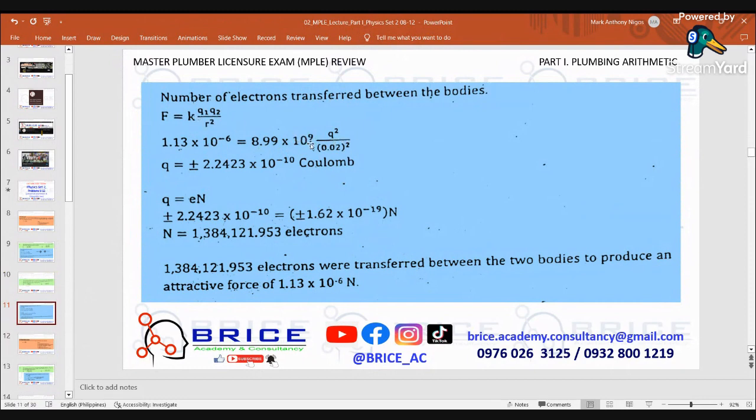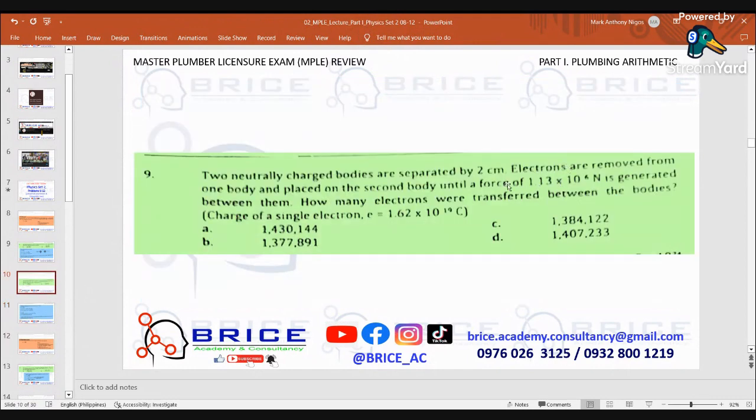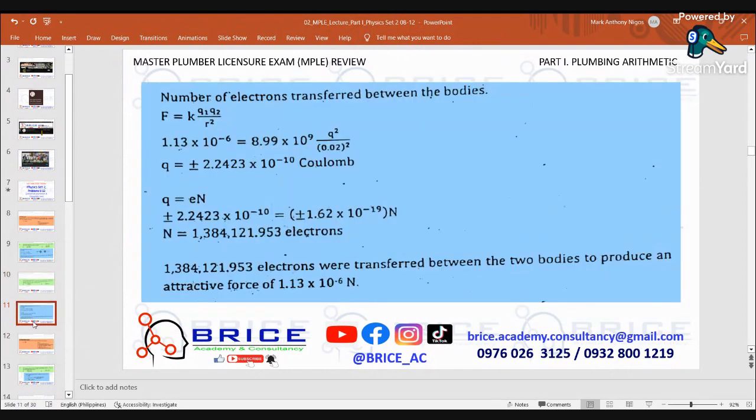Q squared, since Q1 is equal to Q2. R squared is 0.02, which is the 2 centimeters.